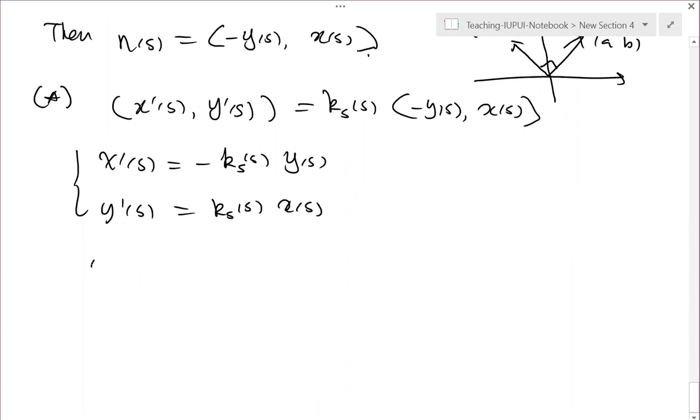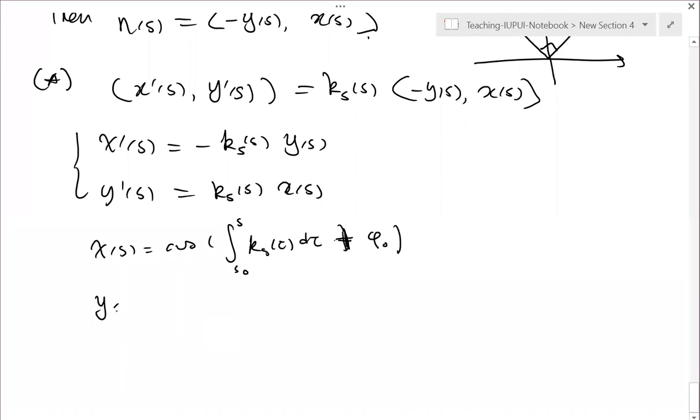So here's a solution, very simple. x s is going to be cosine of the integral of k tau d tau, starting from 0 to s, plus an initial value. y s equals sine of the same.